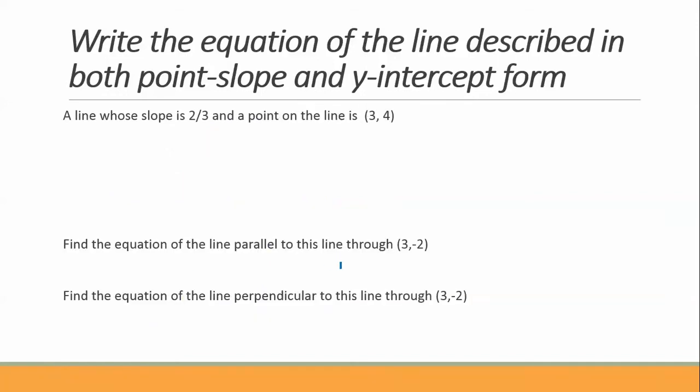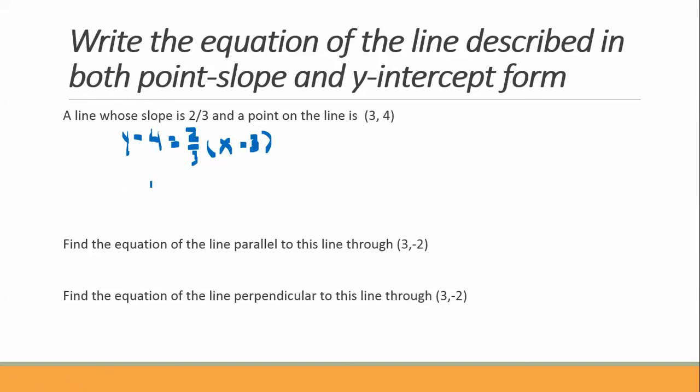But what happens if we're not given the slope and y-intercept? So we're going to do point-slope form and y-intercept form. So slope is 2/3 and a point on the line is (3, 4). So point-slope form is going to be y - 4 = 2/3(x - 3). So if we're given a point and the slope, all we have to do is this.